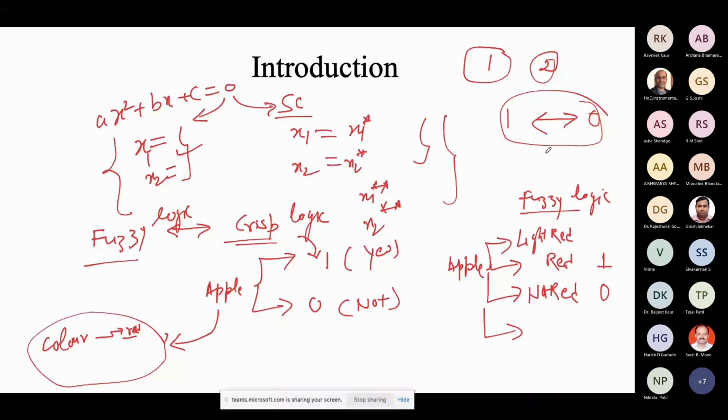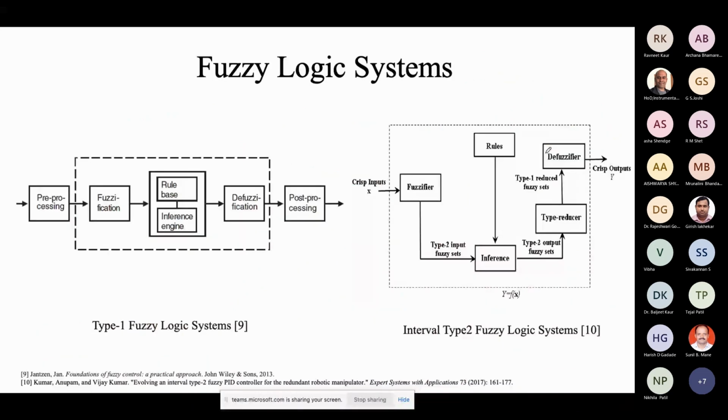Okay, this is all about the basic things related to fuzzy logic. Those who are new in this field can easily understand what the major differences are. Now I'm moving to the next part, which is mainly related to control applications.